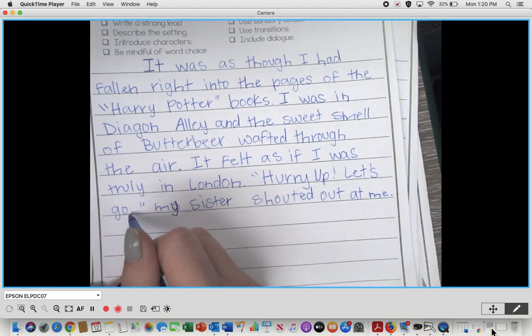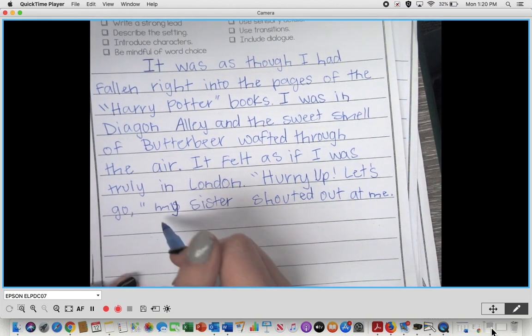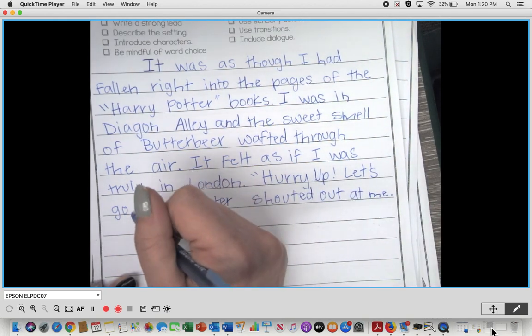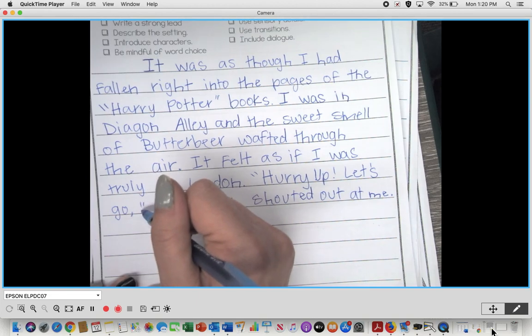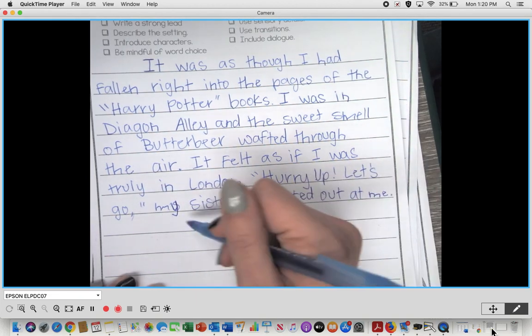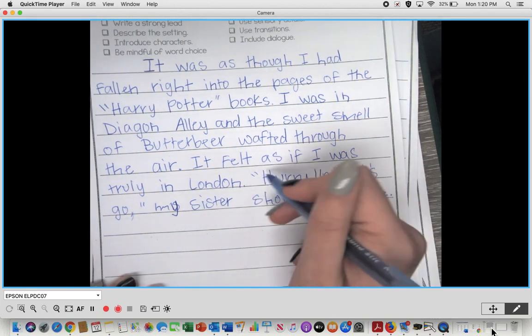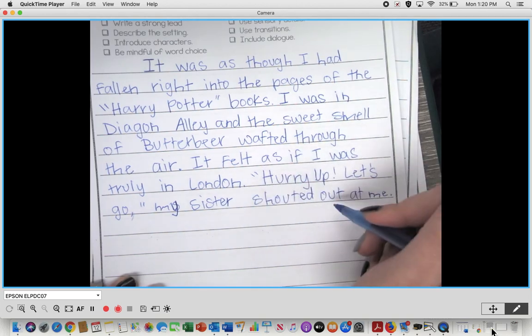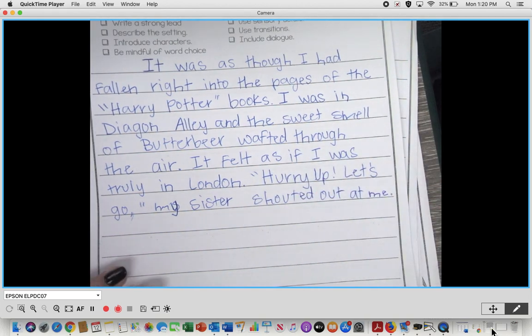And at the very end, we make sure to include a comma, so that way we know that we're continuing on. So I started with the quote. Before I ended my quote with quotation marks, I put a comma, quotation marks, and then I finished what happened, who said, and how they said it. So I didn't just say my sister said. No, she shouted out at me.